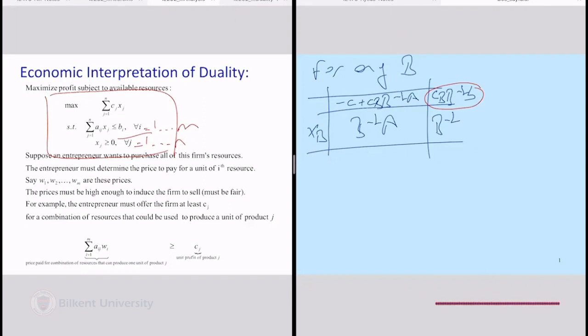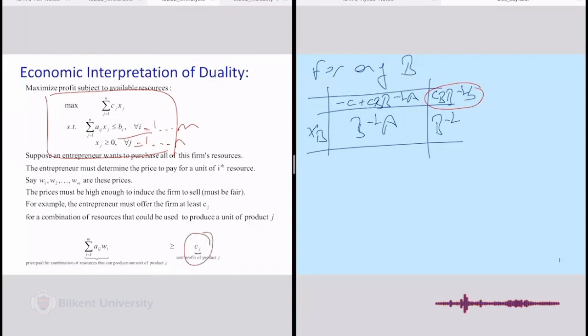There's another guy who wants to buy those resources and putting prices there. Now, this game should be fair, right? So the entrepreneur must give me fair prices so that instead of producing my products, I may think about selling my resources, right?